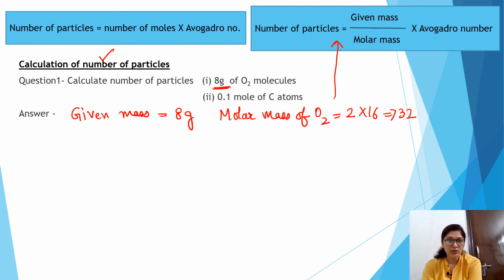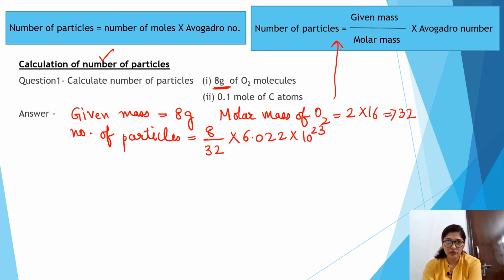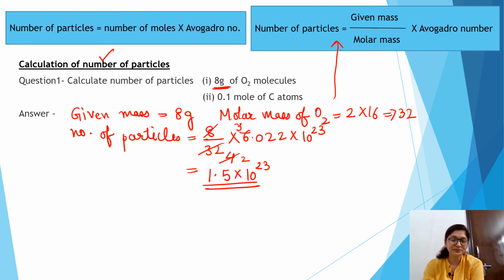Given mass is 8, molar mass is 32, Avogadro number is 6.022 into 10 raised to power 23. So 4, 3, 2, so this comes out to be 1.5 into 10 raised to power 23 number of particles, right?